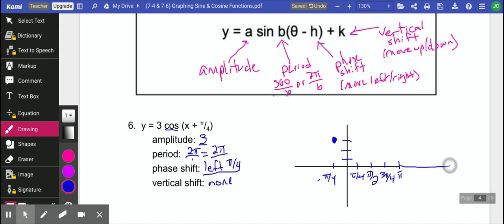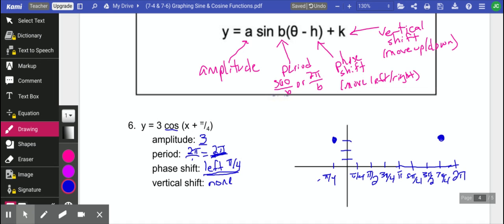I'm going to make this longer. 5 pi over 4, 6 pi over 4 reduces, 7 pi over 4, and 8 pi over 4. Normally our next crest would be at 2 pi, but that has also been shifted left pi over 4. So we're there.